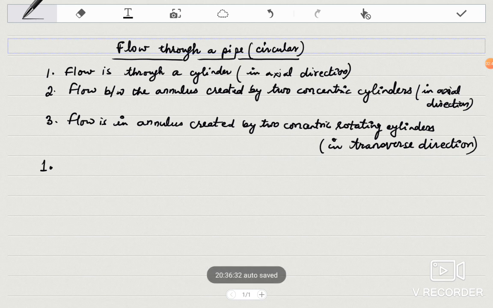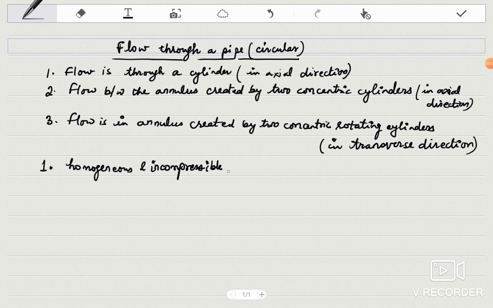As usual, your fluid is taken as homogeneous and incompressible, and of constant viscosity.